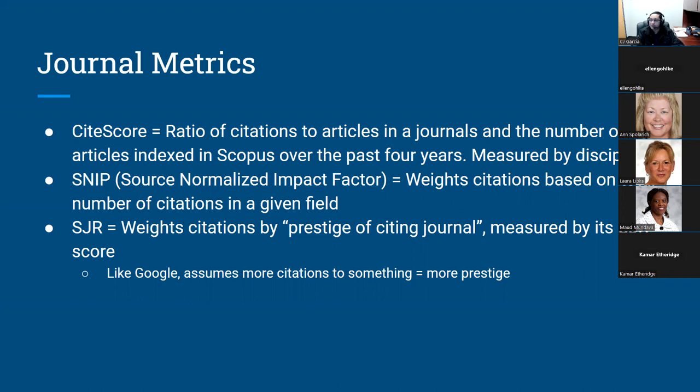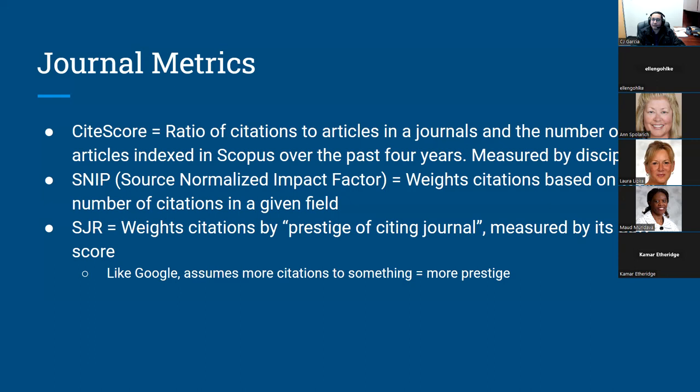But to go over them, CiteScore is the primary journal metric used by Scopus. This is the one that's proprietary to the Scopus database. Basically, CiteScore works by taking a ratio of citations to articles in a particular journal, and it divides that by the number of articles that journal has produced over the past 4 years.